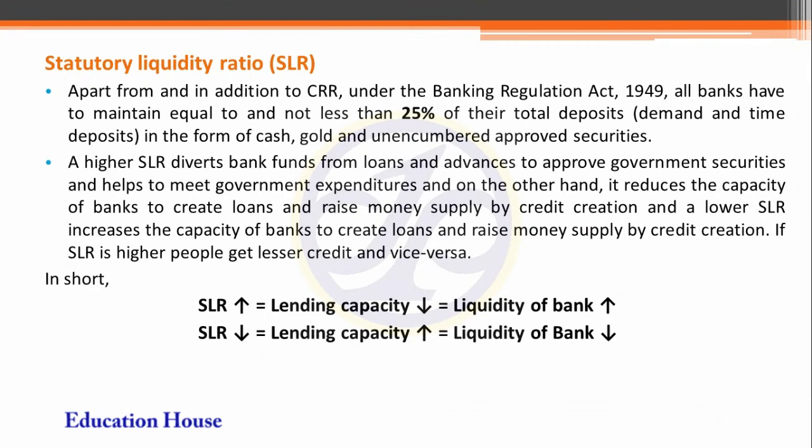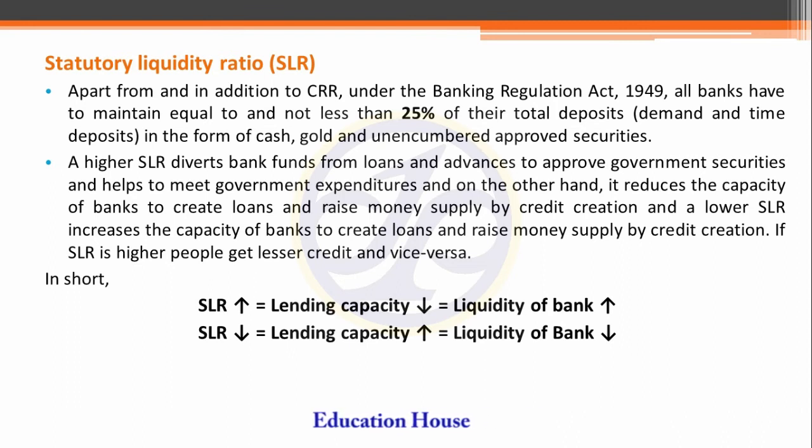Another point is the statutory liquidity ratio. According to the basic ideology, CRR is maintained on primary deposits as a reserve. But the statutory liquidity ratio shows that every bank has to maintain a minimum of 20% of its demand and time deposits both in the form of cash, gold and government securities.